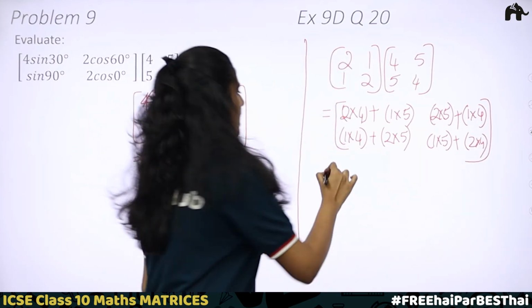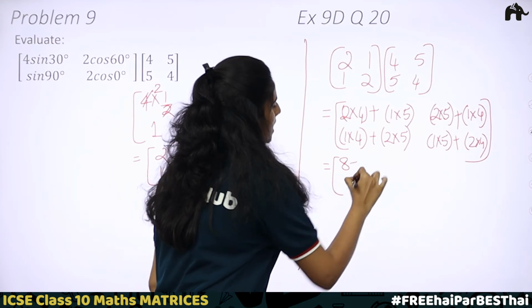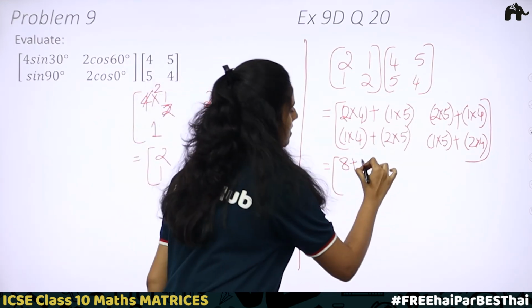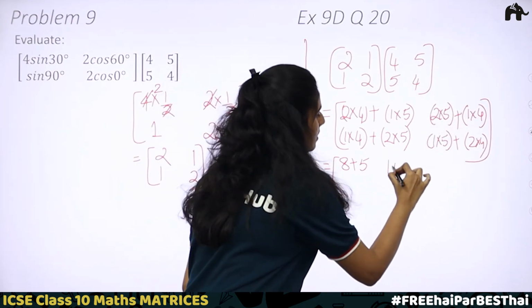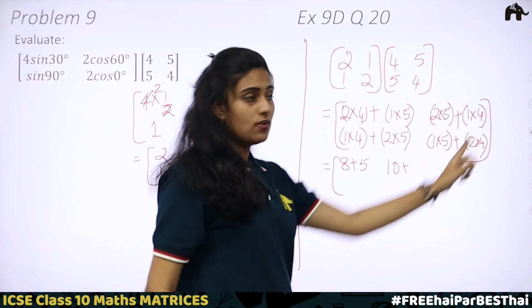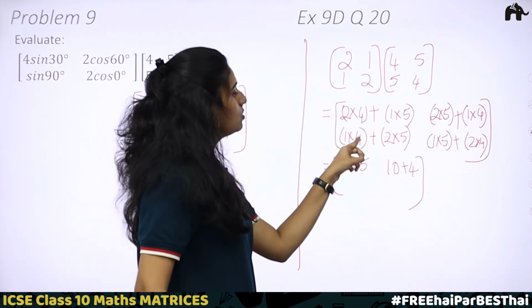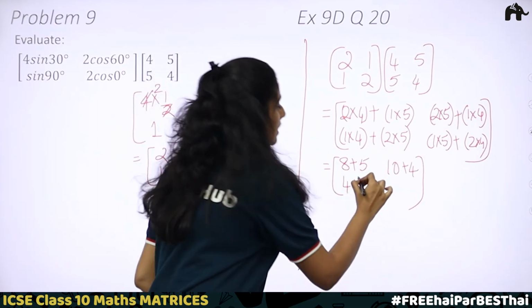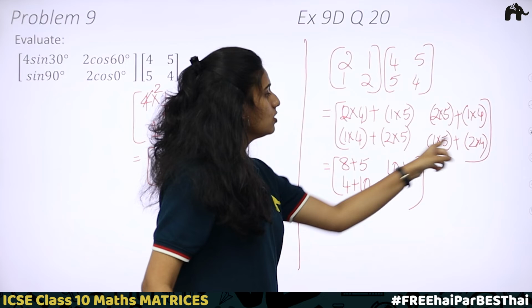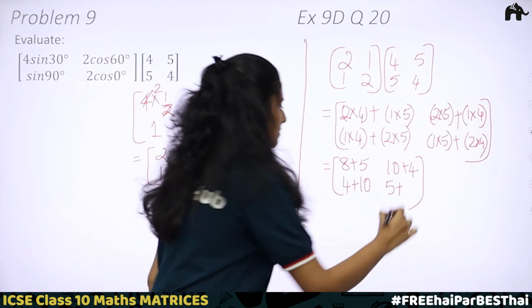Okay. That is 2 into 4 is 8 plus 1 into 5, 5. Next, 2 into 5, 10 plus 1 into 4, 4. Next element, 1 into 4, 4 plus again 2 into 5, 10. 1 into 5, 5 plus 2 into 4, 8.